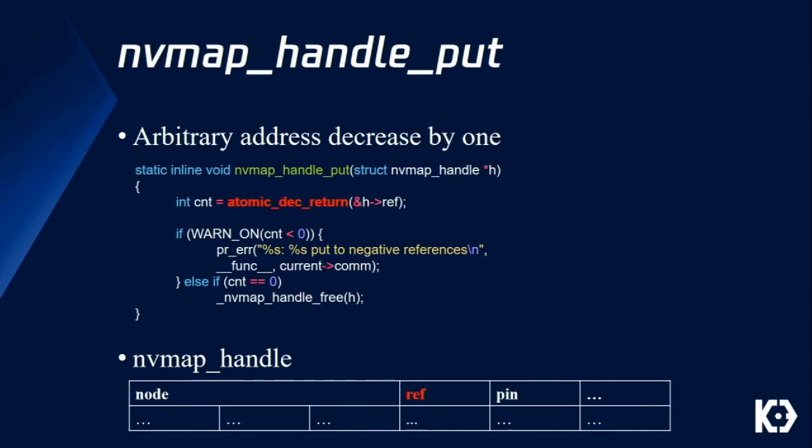The function nvmap_handle_put will decrease the reference of these invalid structures. Since the pointers of these invalid nvmap structures are provided by the user process, we can decrease any integer data by 1 in kernel memory.